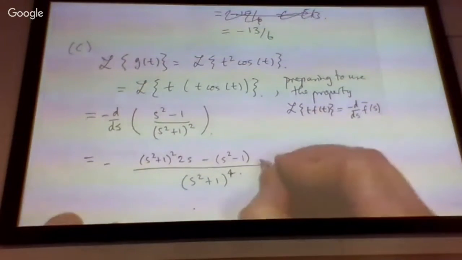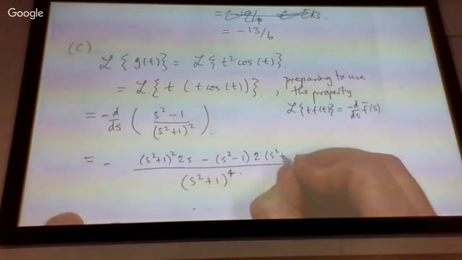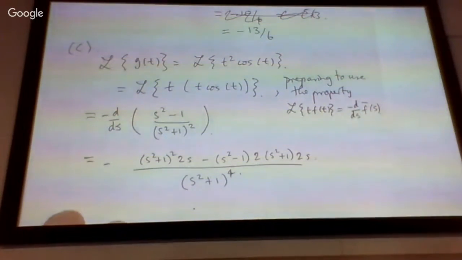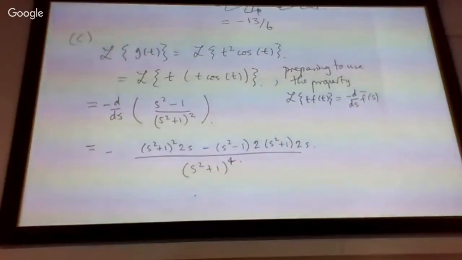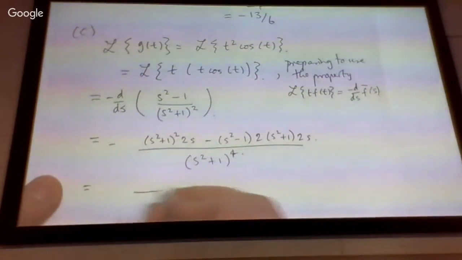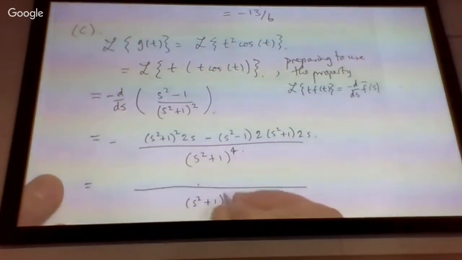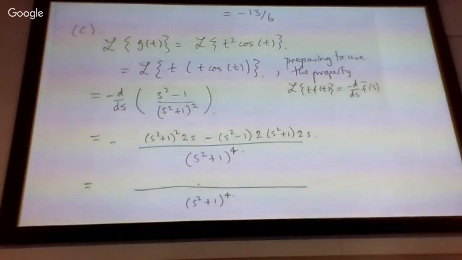So the chain rule gives 2 times s squared plus 1, multiplied by the derivative of the inner thing, which is 2 times s. I think if you got something like that, I'd award full marks.